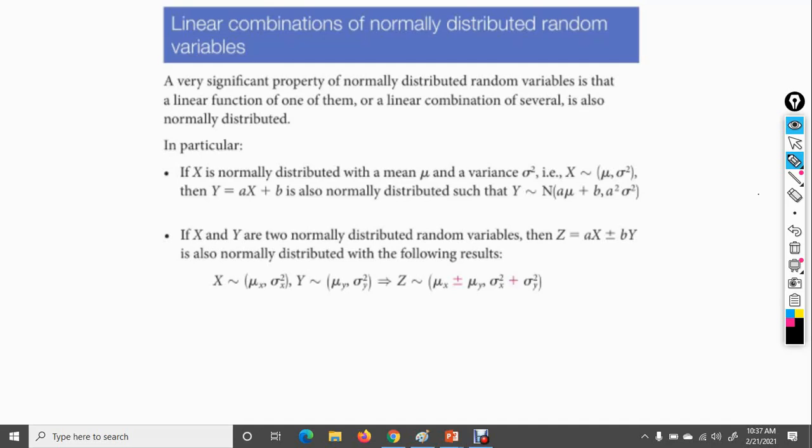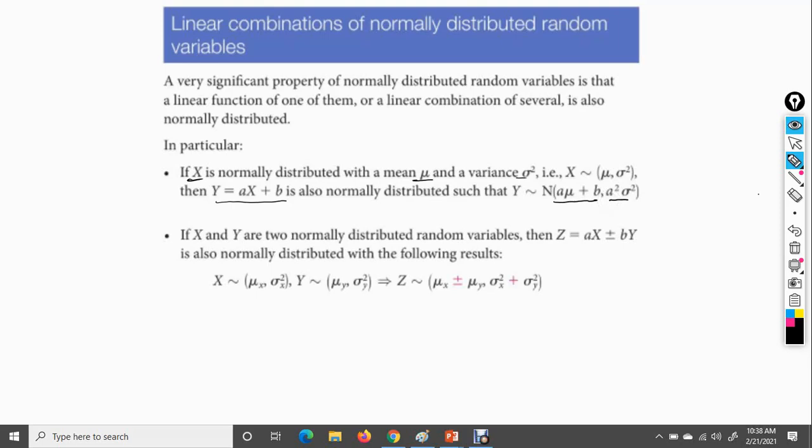That means that if x is a normally distributed random variable with a mean mu and a variance sigma squared, then y equals ax plus b will also be normally distributed, and it's going to have a mean that is equal to a times mu plus b. This is a property we saw in the previous section. And the new variance is going to be a squared times the variance of x.